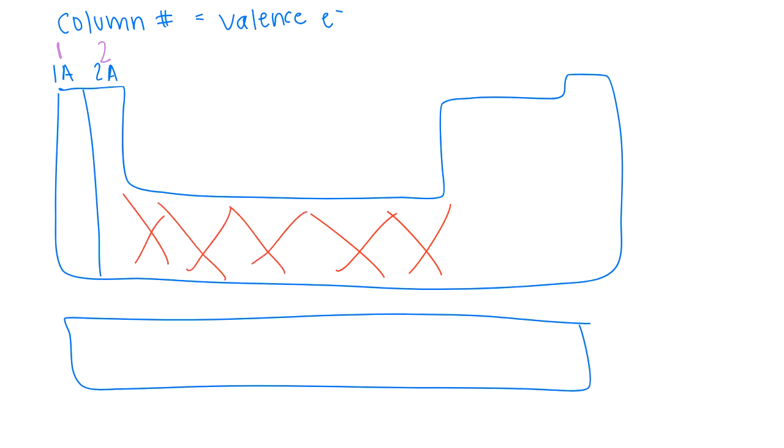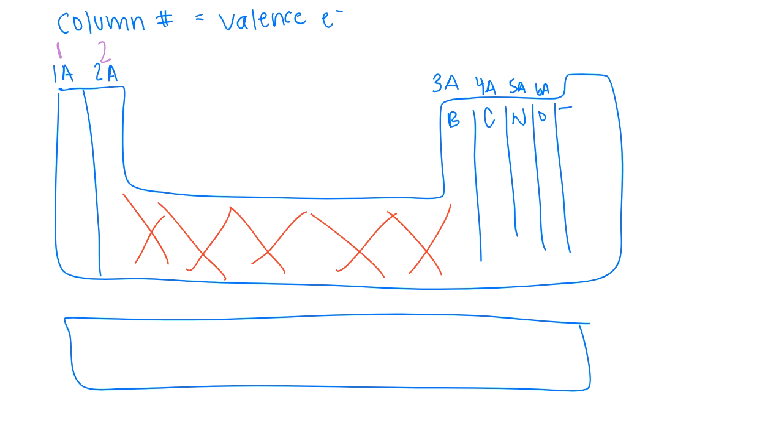Then we can move over, and we have the column that starts with boron. This is 3A. The column that starts with carbon is 4A. Nitrogen is 5A. Might run out of room. O is 6A. F is 7A.